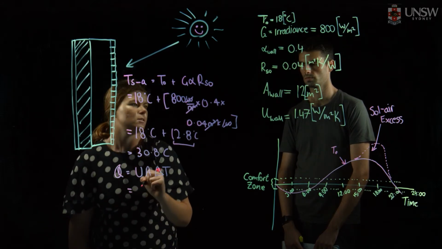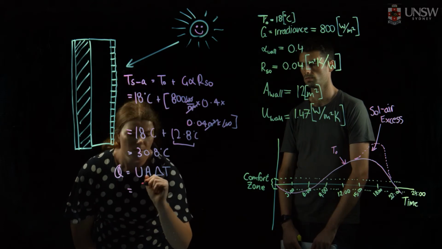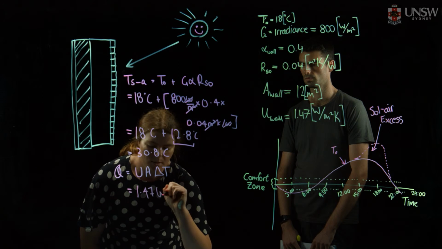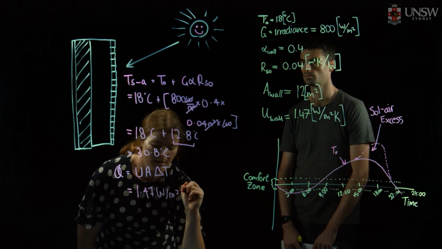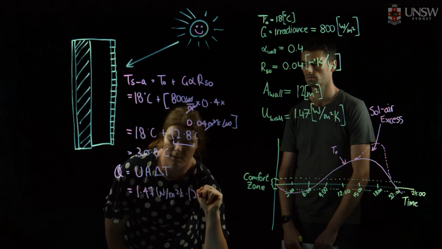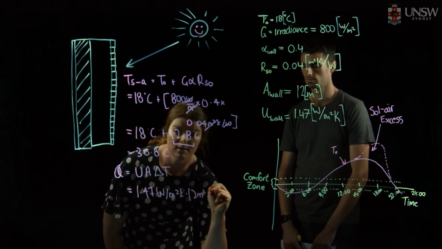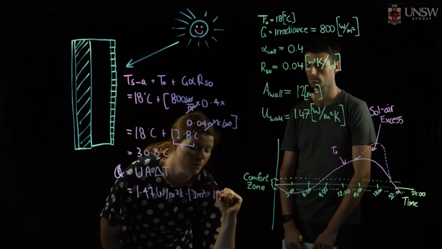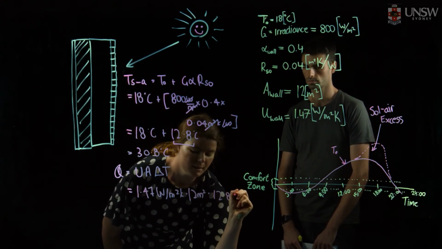So if we put that into the equation, we get 1.47 watts per meters squared Kelvin multiplied by 12 meters squared times by our difference in temperature, which as before is from here, 12.8 degrees C.